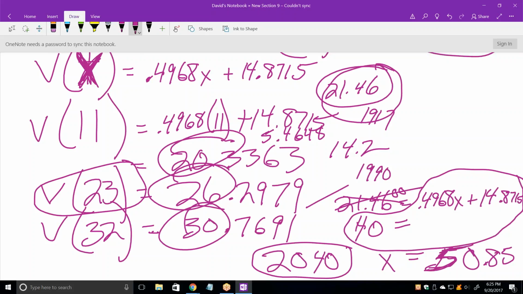I think it'd be 2041 if you round. No, you don't want to round. Look at the question: what year will it happen? 2040. It's 85 hundredths of the year, which would be like November of 2040. Okay, so it'd be 2040 then. Yes. In other words, in this case, you always round down, because it says, what year does it happen? It happens in 2040. It doesn't happen in 2041.